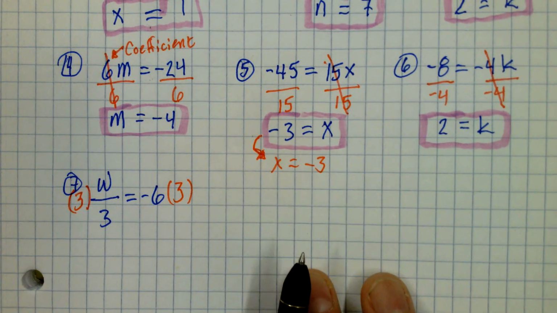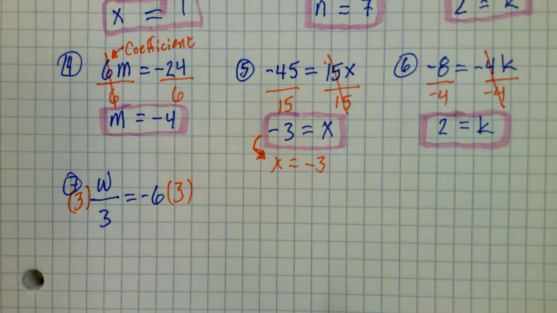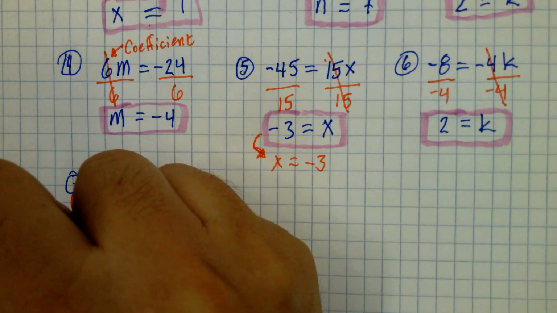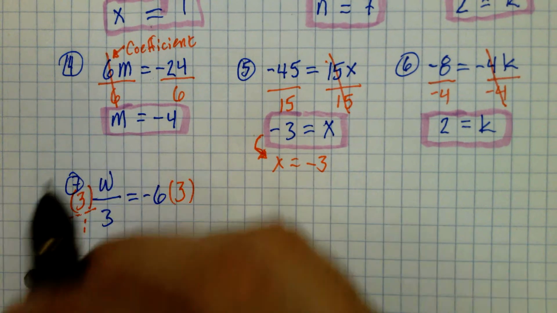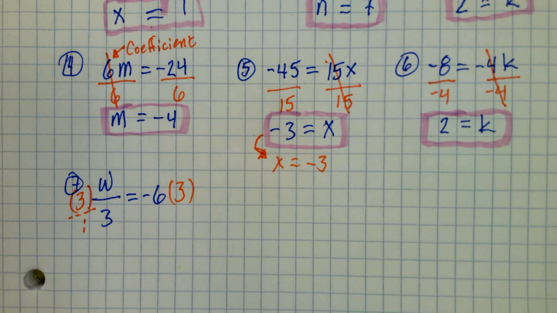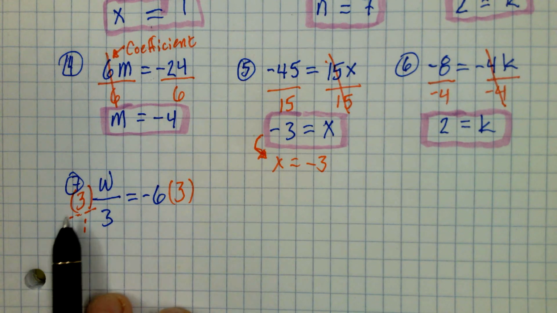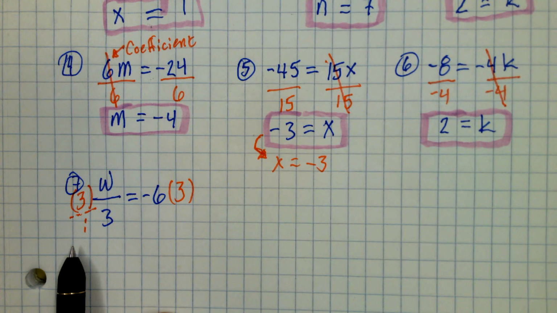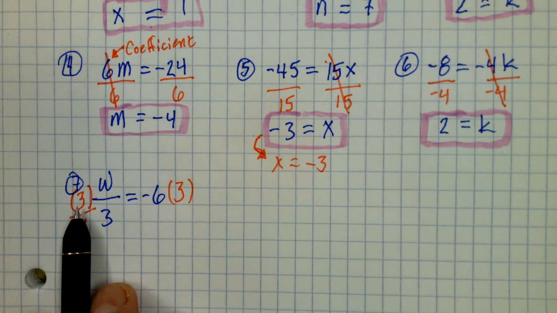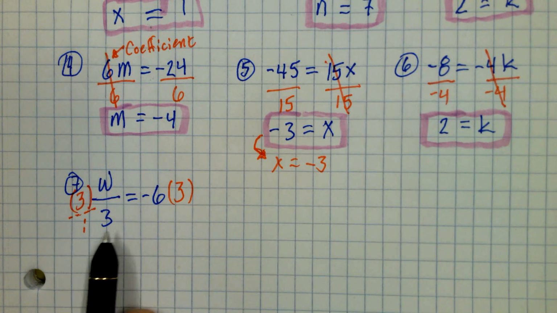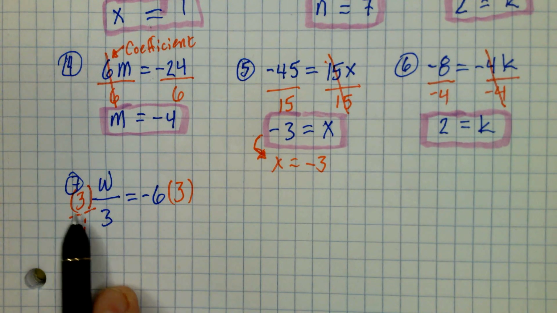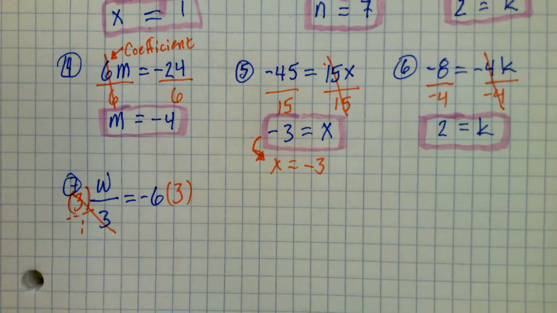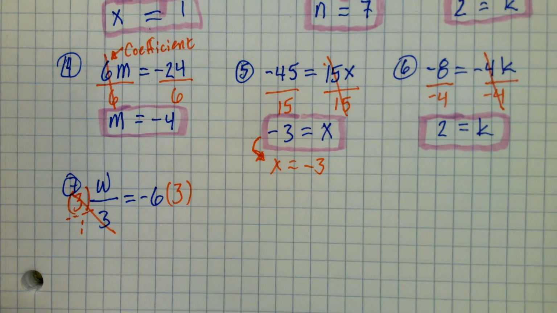You may be saying, okay, but how do they cancel? They cancel because technically this 3 can be written as 3 over 1. I wanted to show you, we're only going to do this once. Technically, this 3 is in the numerator. This 3 here is in the denominator. They cancel. They make a 1. So they go away.